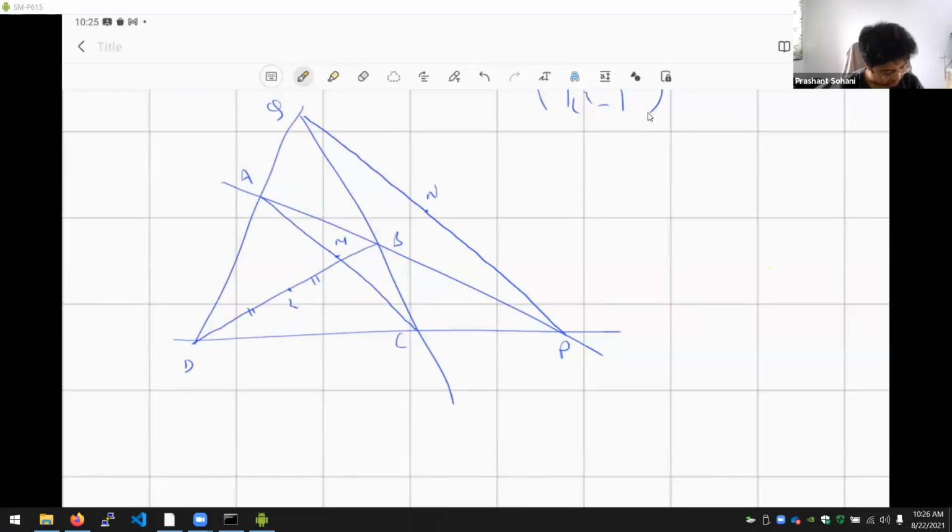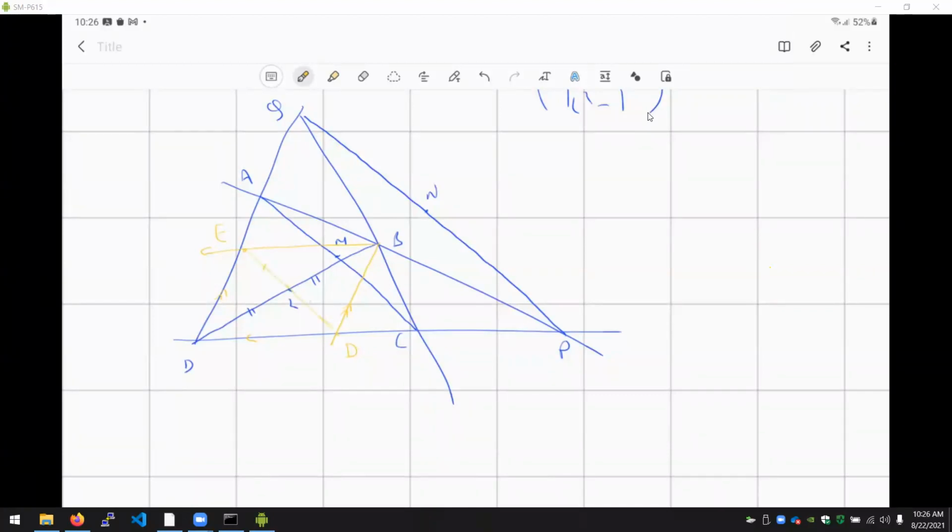For example, I could consider, so I'm drawing a line parallel to the base, and this is parallel to this thing. So I constructed a parallelogram like this. So clearly L is the midpoint of DE also.